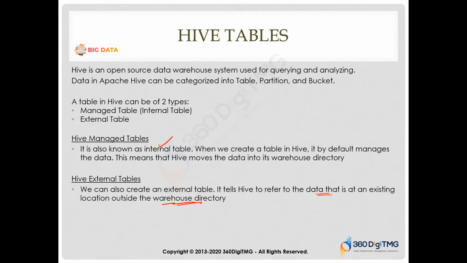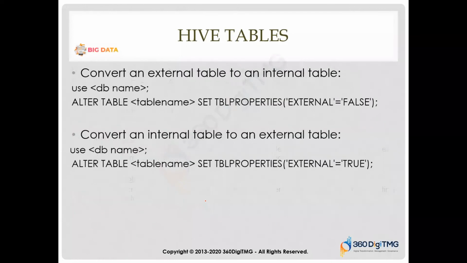There will be a default warehouse directory, and your external data will not be stored in it. It would be somewhere else on the disk, in HDFS. So you'll be talking to that external source of data which is not in the warehouse. That is the major difference between Hive internal tables and external tables.